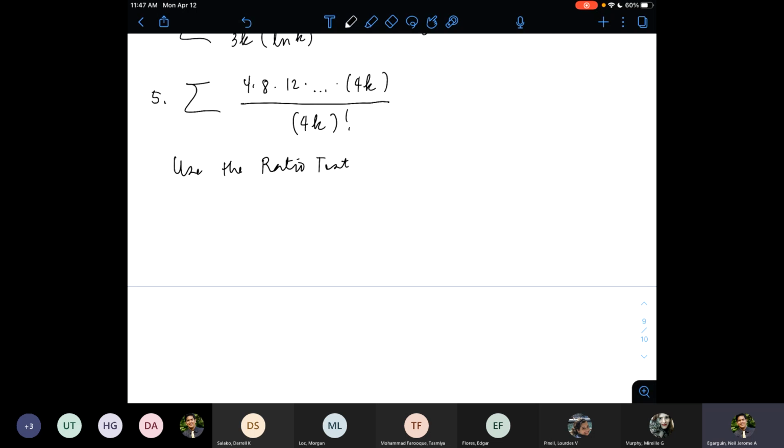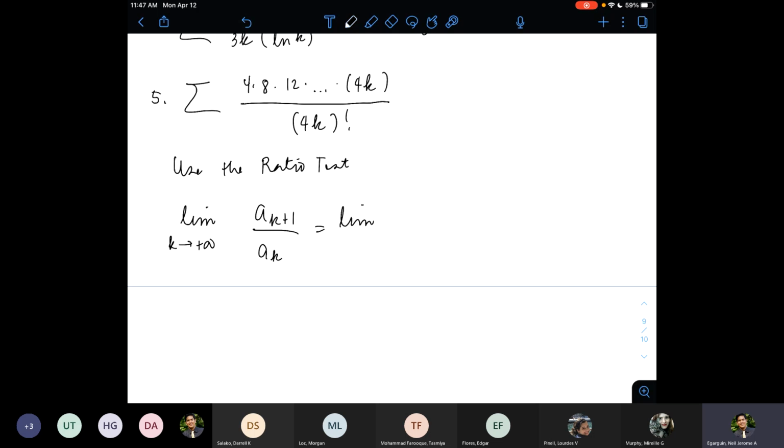And remember, for the ratio test, we want to take the limit of a sub k plus 1 all over a sub k as k approaches infinity. And I'm hoping that the limit is not equal to 1, so that we'll have a conclusion. Okay. Now, for a sub k plus 1, we replace all k's that we see by k plus 1.